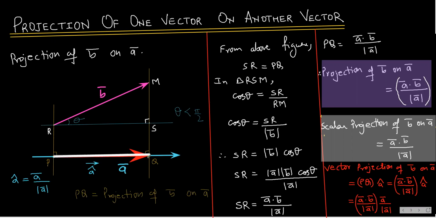What if I had a vector, try understanding this, which was smaller than vector B bar? Suppose I have a vector here which is vector C bar, and this vector C bar is smaller than vector B bar.